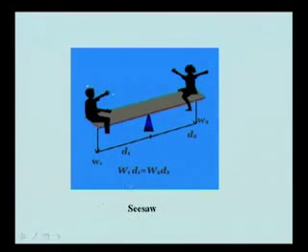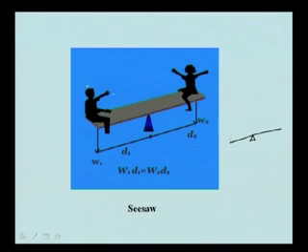Now, for example, you see this seesaw. Here one boy and one girl are sitting on opposite sides of the seesaw. Now, if we consider the equilibrium of that seesaw, and assume that the seesaw has no weight of its own, then there is a fulcrum here.